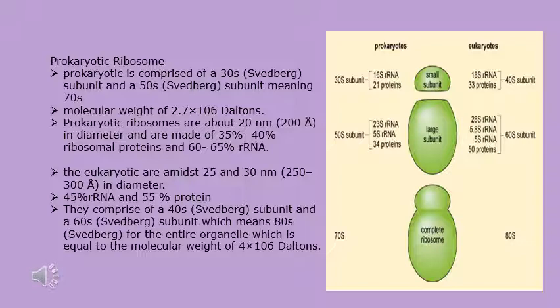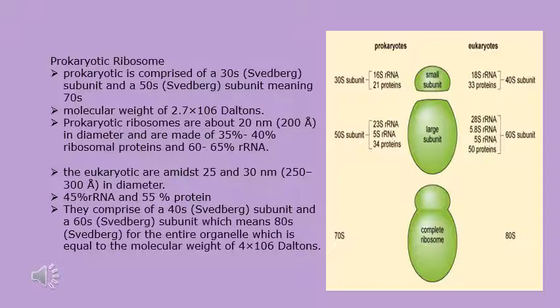As shown in the diagram, in both the units the constituent particles, that are rRNA and proteins, are different. There are three types of rRNA, or ribosomal RNA, in prokaryotic ribosomes, that is 16S, 23S and 5S. The 16S is present in the smaller unit and the 23S and 5S are in the larger unit.